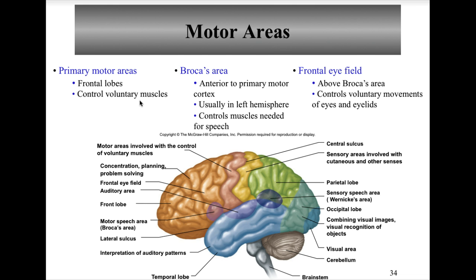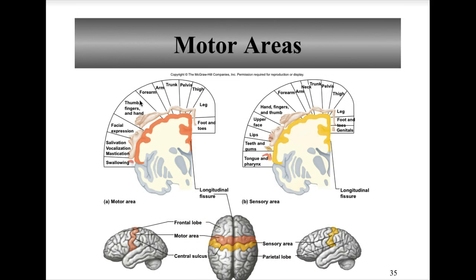And then you have the frontal eye field, which is above Broca's area, and that controls the voluntary movements of the eyes and the eyelids. So those are some of the motor areas of the cerebrum. And here's another picture of the motor areas, along with some of the sensory areas as well.